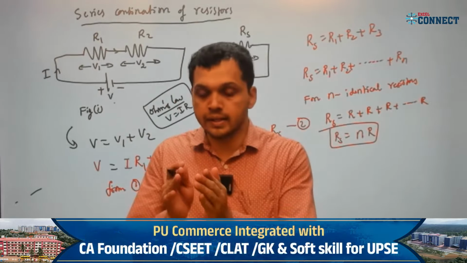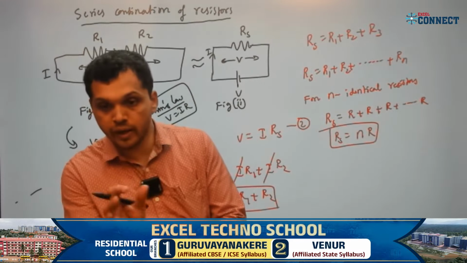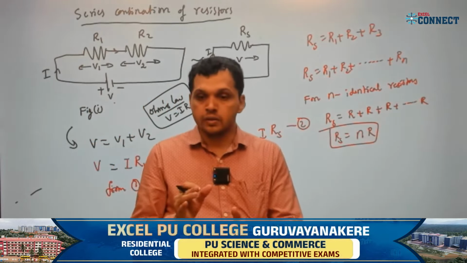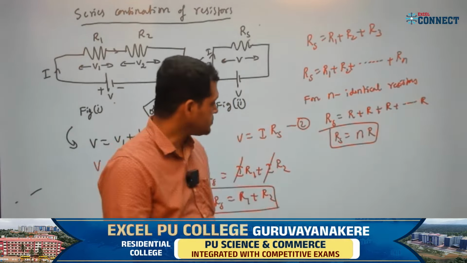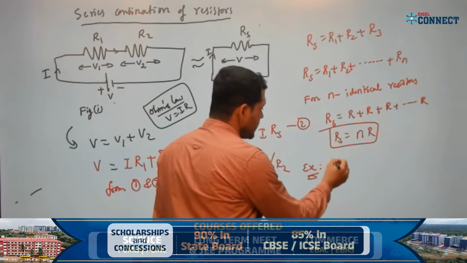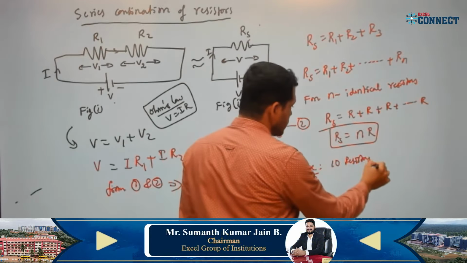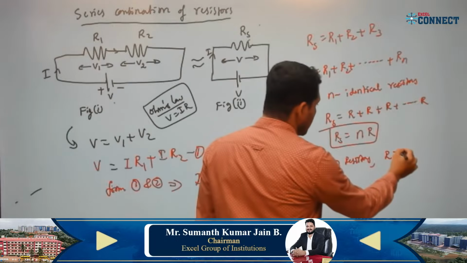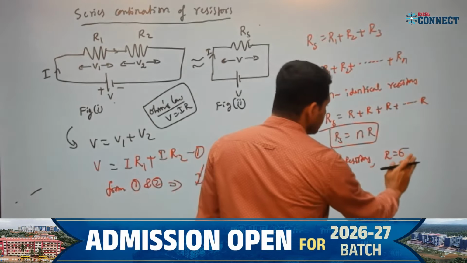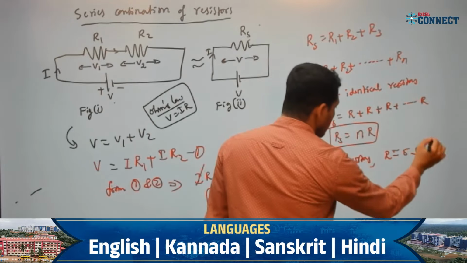If there are 10 identical resistors, each of value 5 ohm, then what is the equivalent value? For example, 10 resistors, value of resistance R is equal to 5 ohm each.